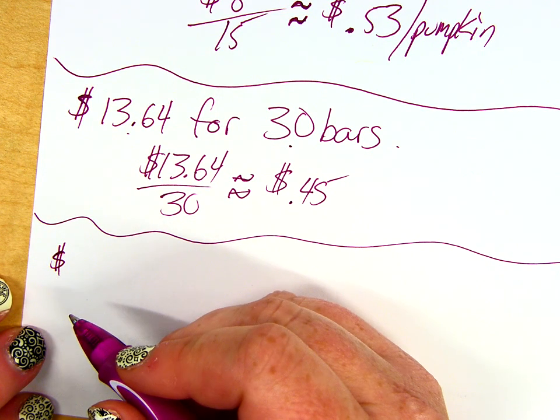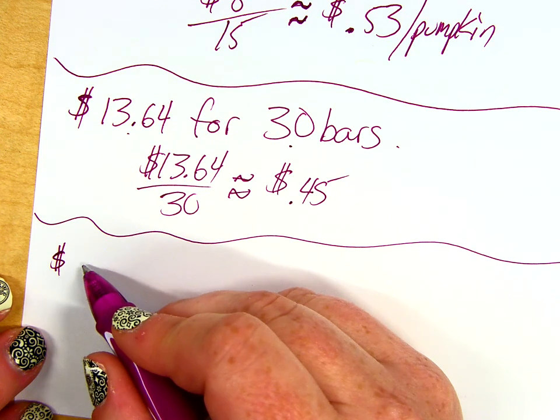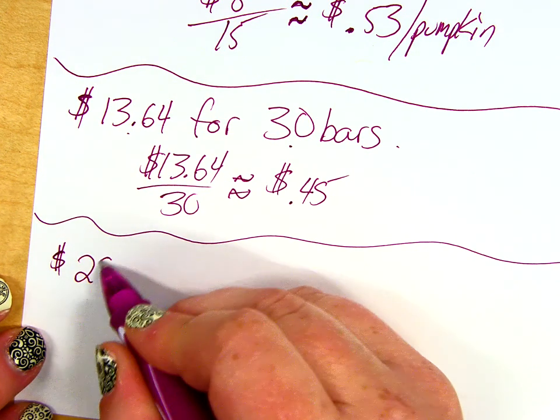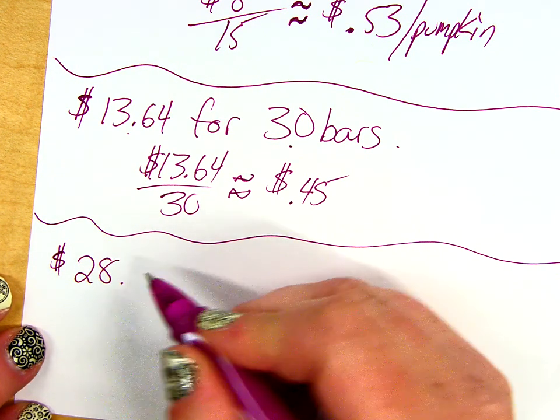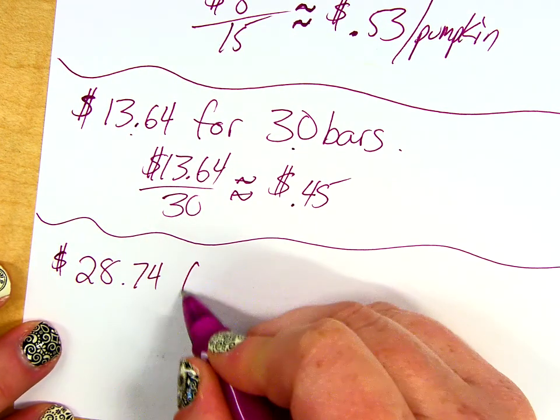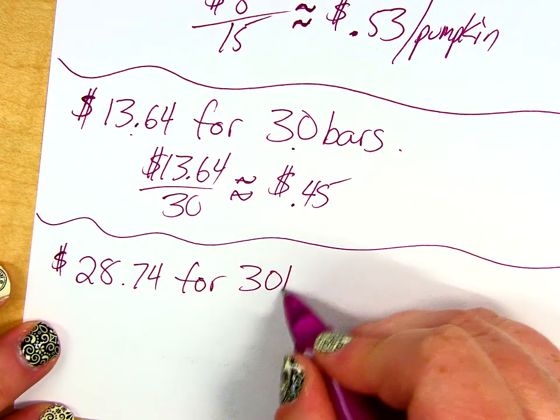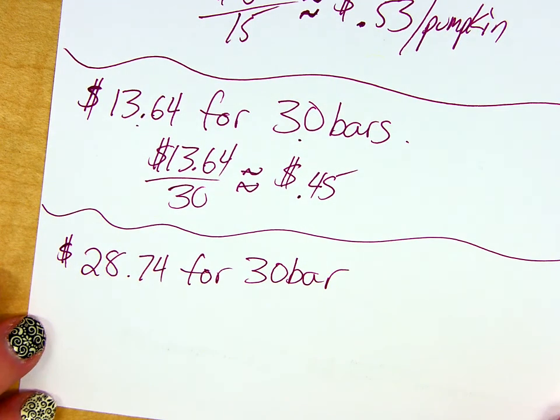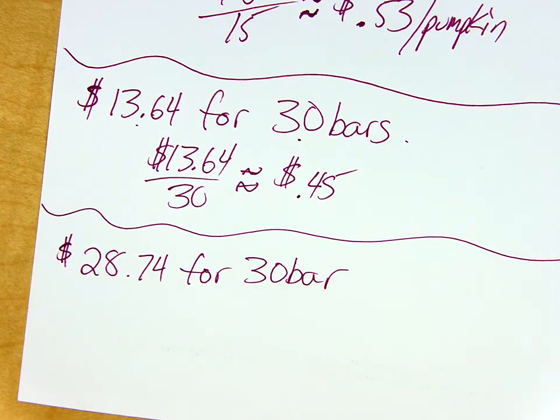What was it? I just looked. Was it 28 something? 28, let's say 74. For the same box. Same candy, same 30. Tell me the price this year. 95 cents. Phew.